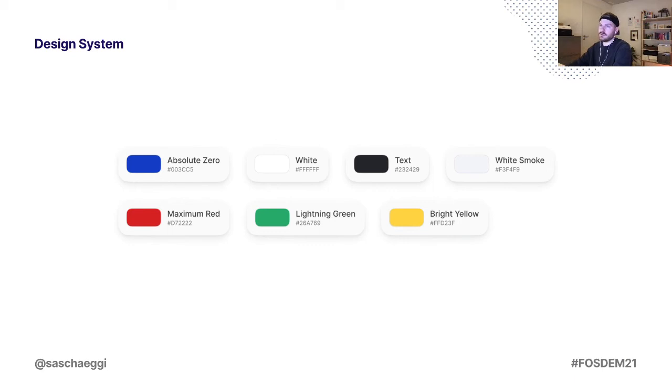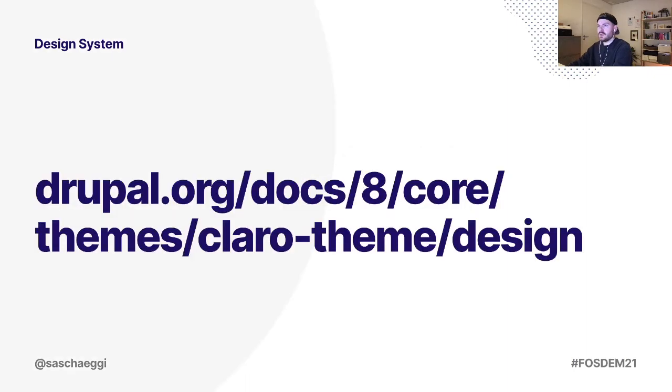The secondary colors, red, green, and yellow, are used for messaging, like system messages and success messages, and so on. You can find more about the design system at this URL. There are also a lot of resources online and other talks which deep dive into the design system. So check that out if you're more interested in the design system part.